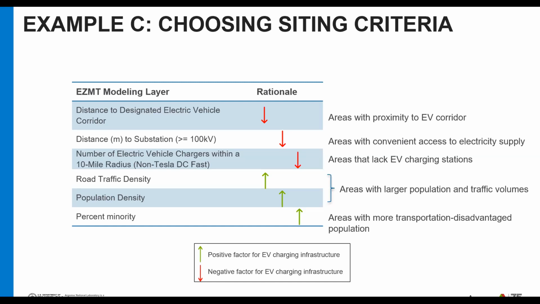Those are positive factors because we want to place the chargers in areas where there are people living and vehicles crossing. And finally, we also want the charger to be placed in areas with relatively more minority population so that it can benefit more transportation disadvantaged population. Okay, thanks.